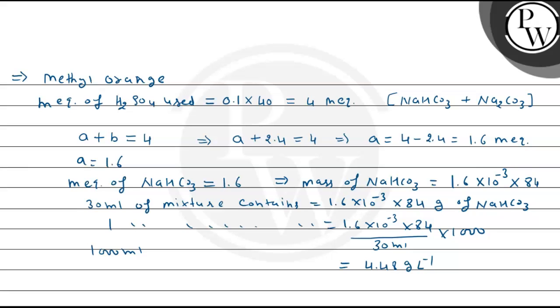So now we are going to calculate the amount of Na2CO3 present in 1 liter volume of the solution. Now in case of methyl orange, complete Na2CO3 will get reacted with H2SO4.